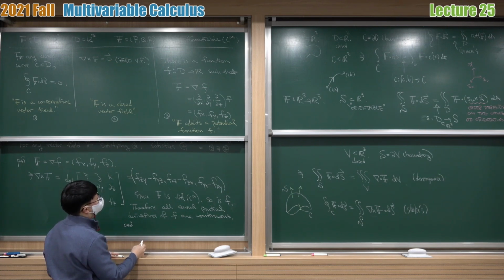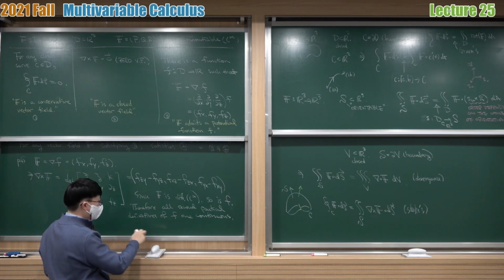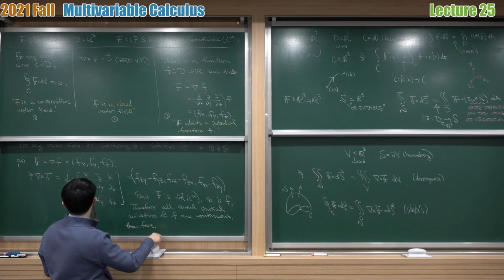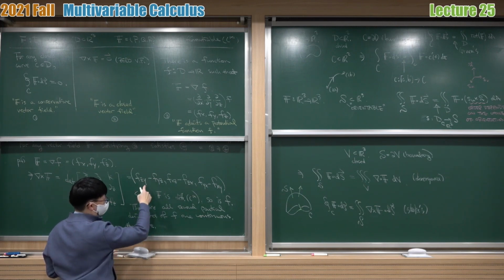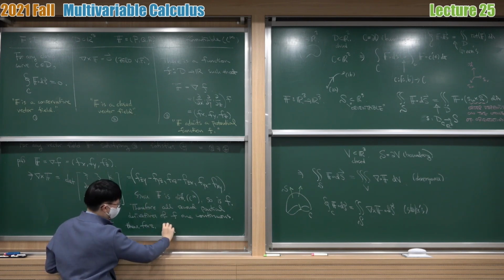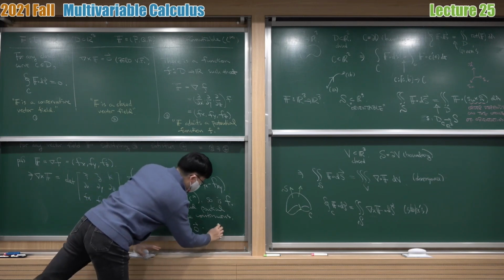Clairaut's theorem, maybe, but I'm not sure. So therefore, all coordinate functions are 0. Okay. So that's the end of the proof.